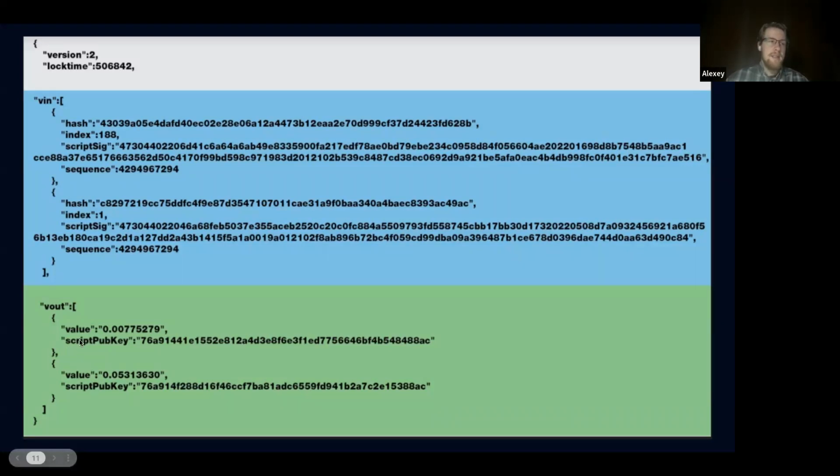The thing is that we have value in outputs, but we have no value in inputs. Then the question here is, how do we know the sum of inputs? Knowing only this data, how do we know the sum of inputs? Let me explain how we do that. So we look at UTXO, at unspent transaction outputs.